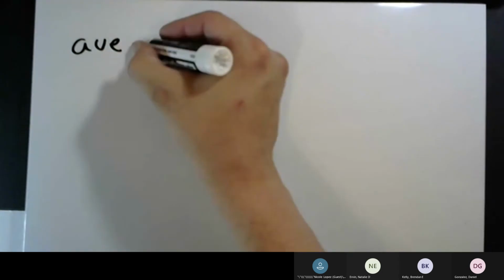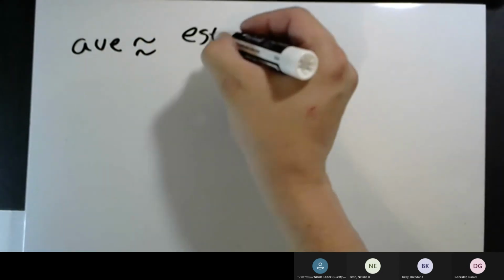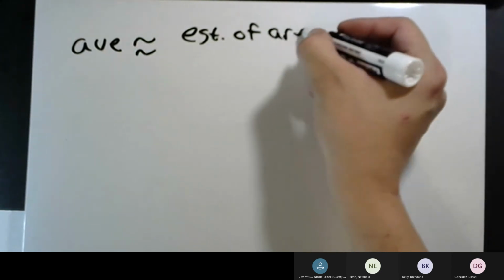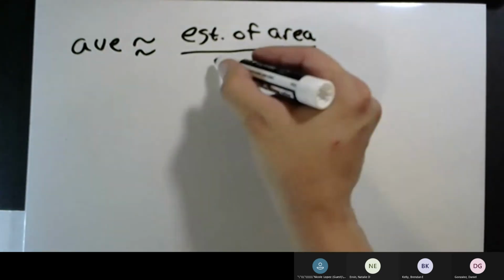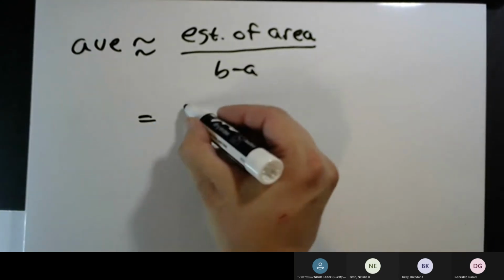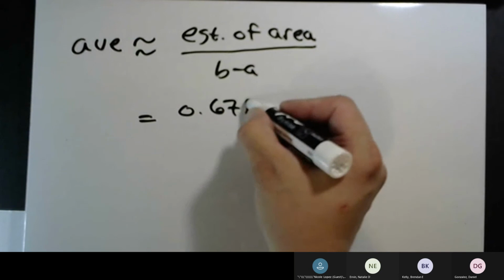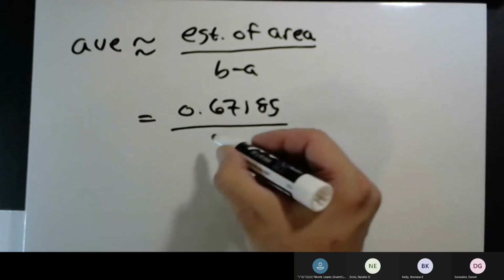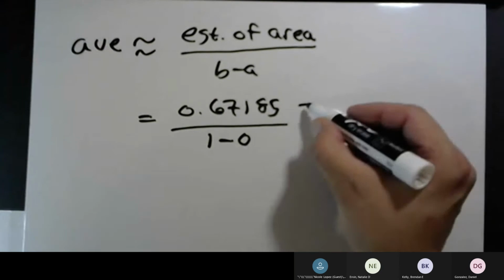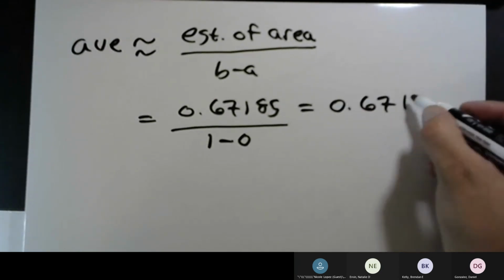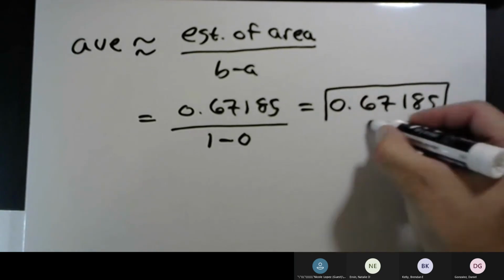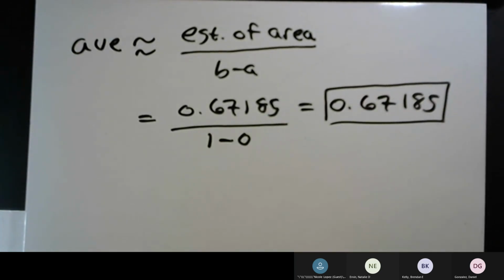So the average is approximately the estimate of the area divided by b minus a, which will be 0.67185 divided by 1 minus 0, and that just comes out to 0.67185. Questions about that?